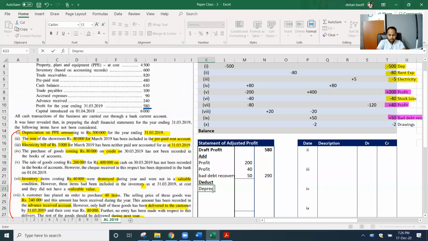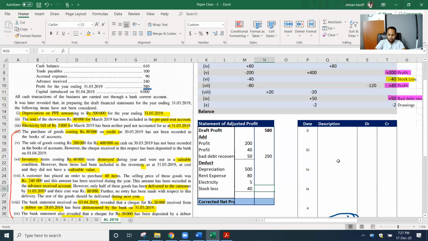Deduct depreciation, all the minuses will be deducted. 500, rent expense 80, electricity 5,000, stock loss is 40.